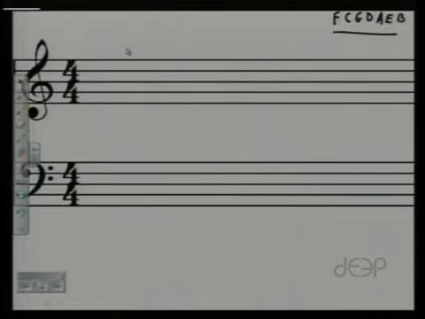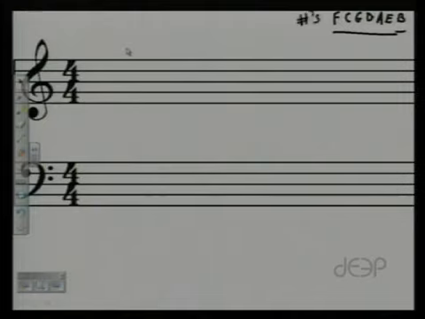Now, I'm not a mnemonic device guy, but some people are, and the mnemonic device people use for this is frogs can go dancing and eat bananas. So if you want to remember that little sentence, frogs can go dancing and eat bananas, that will always give you the order of sharps.